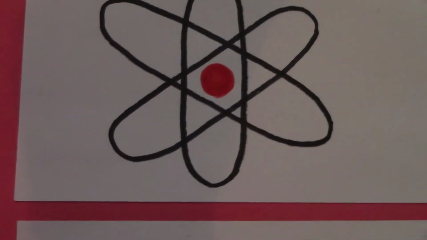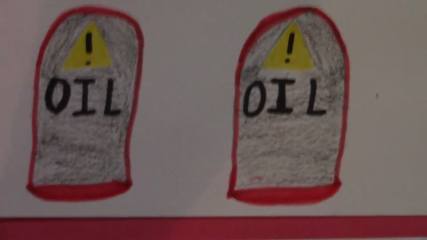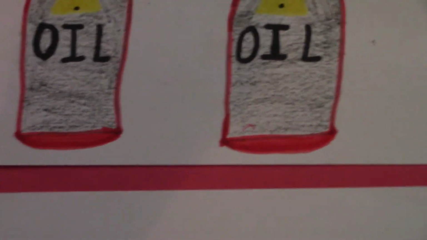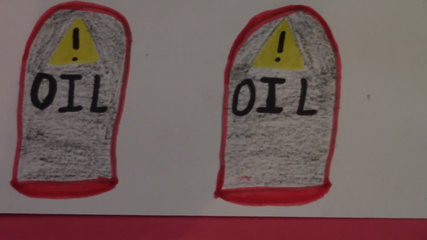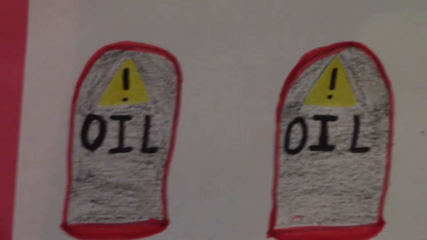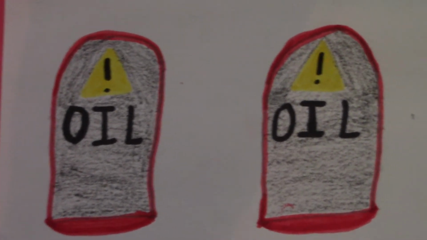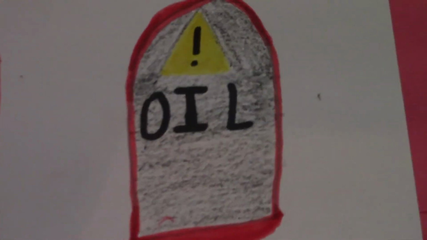There it is. And next up is oil. Oil energy. Oil is most commonly used in generating electricity and as a fuel in vehicles. Oil is burnt to run steam turbines to produce electricity. So what I drew here is oil canisters filled with oil, and there's a caution sign because it is flammable.